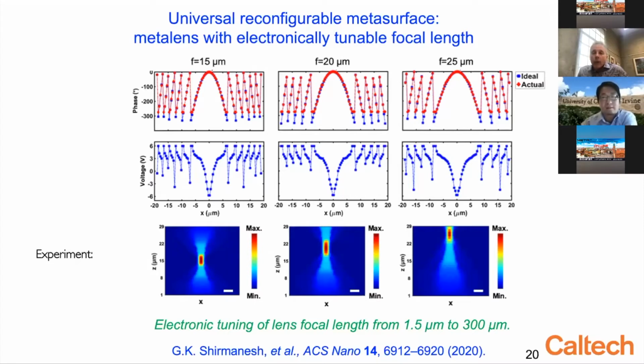So how big does the aperture need to be to be useful? For a wavelength of 1.5 microns, if you could go out to an aperture size of 1,000 wavelengths, say 1.5 millimeters, you would be able to focus very effectively in the far field. You would probably end up being limited by other aberrations in the lens, not the diffraction limit.